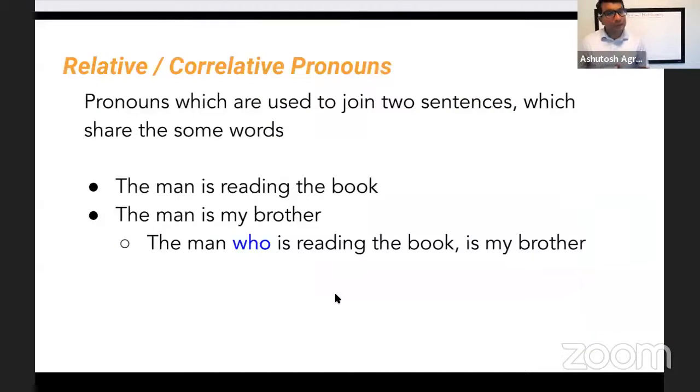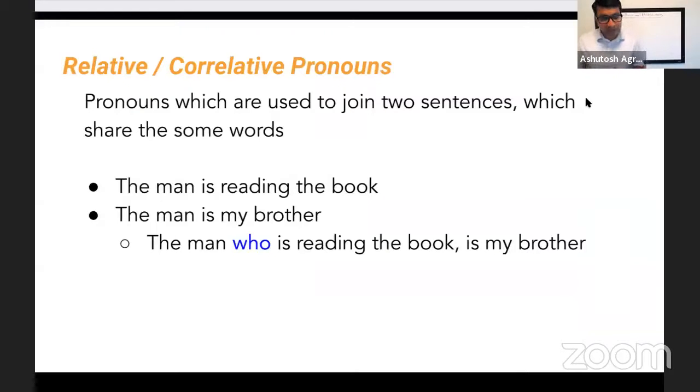So just to do a quick recap for relative and correlative pronouns, this is where we spent the last 2 weeks. Imagine you have a sentence where a pronoun or a noun is getting repeated twice, where you speak about a man is reading a book, the man is my brother. If you are saying 2 sentences, that's a different thing, but it doesn't sound so grammatical.